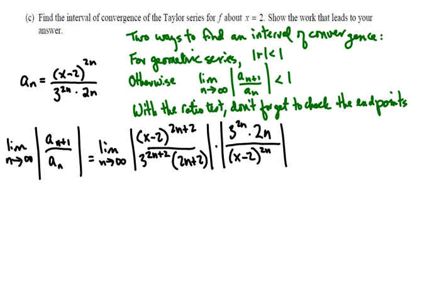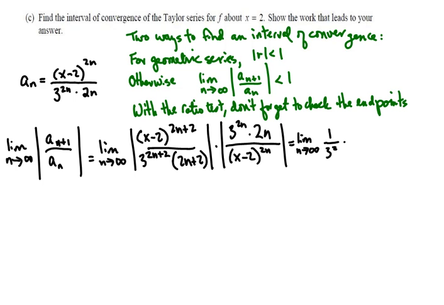Alright, so to simplify, we put all of our n's together and all of our x's together. And recall, when we're dealing with n's, they're always positive integers, so we don't have to worry about the absolute value with them. We basically have 3 things going on. We have this 3 to the 2n over 3 to the 2n plus 2, and that should just give me 1 over 3 squared.